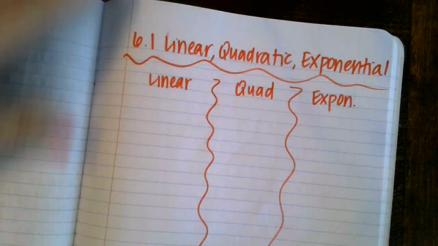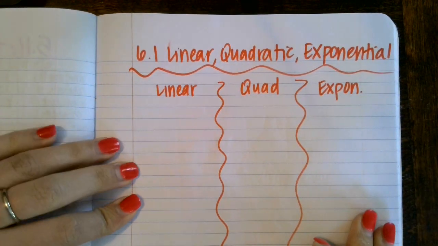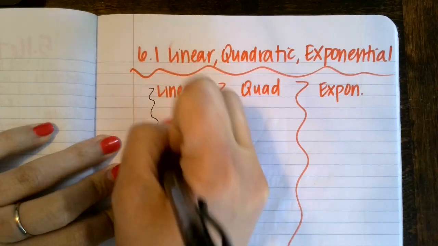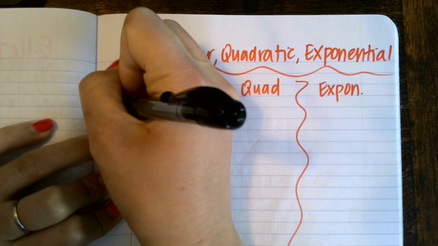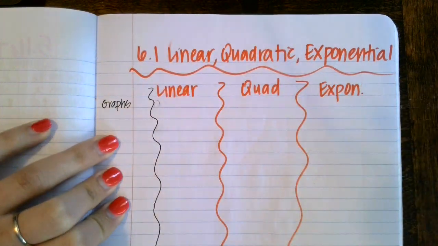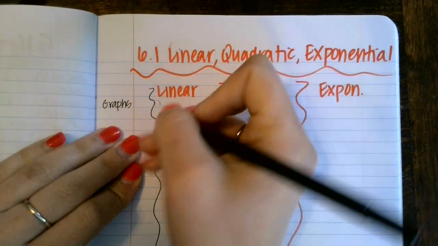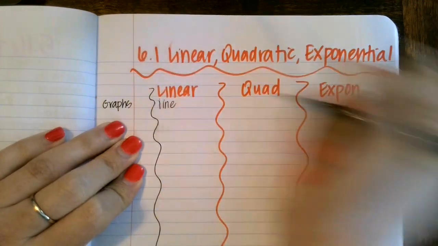Now we're going to take some quick notes about the differences between linear, quadratic, and exponential functions. The first thing we want to be able to do is differentiate between their graphs. The graph of a linear equation forms a line.